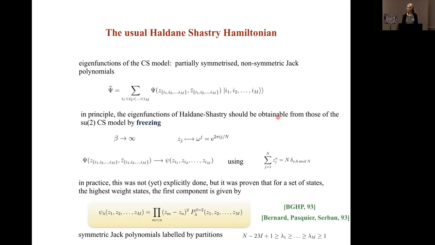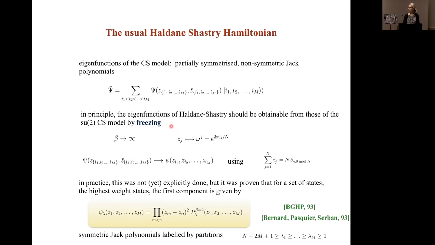Okay, so again, the wave functions will be given by these symmetrized components. So when we take the freezing limit, we will obtain something.